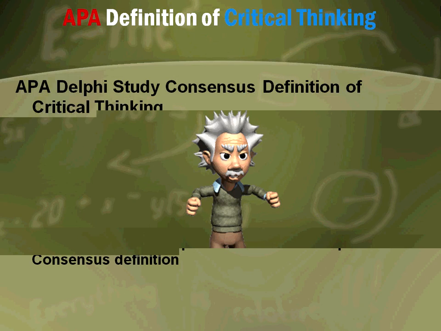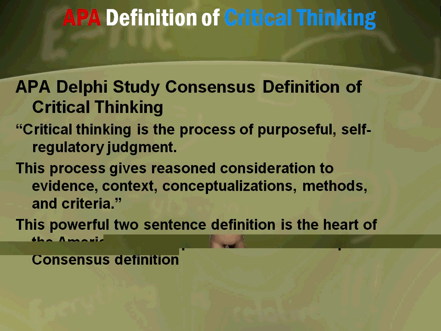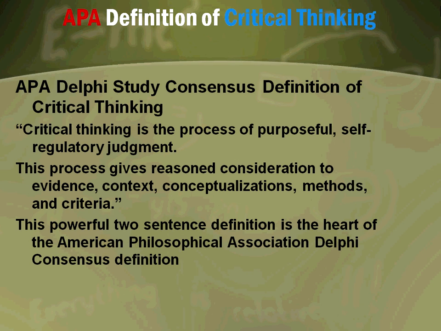The American Philosophical Association did a Delphi consensus study, and they define critical thinking as the process of purposeful self-regulatory judgment. This process gives reasoned consideration to evidence, context, conceptualizations, methods, and criteria. Basically, this is how you think, or this is how you make a decision, or this is how our students will be making decisions.